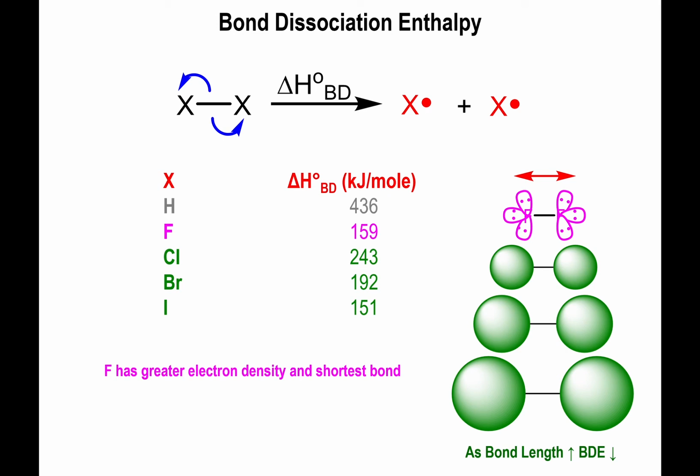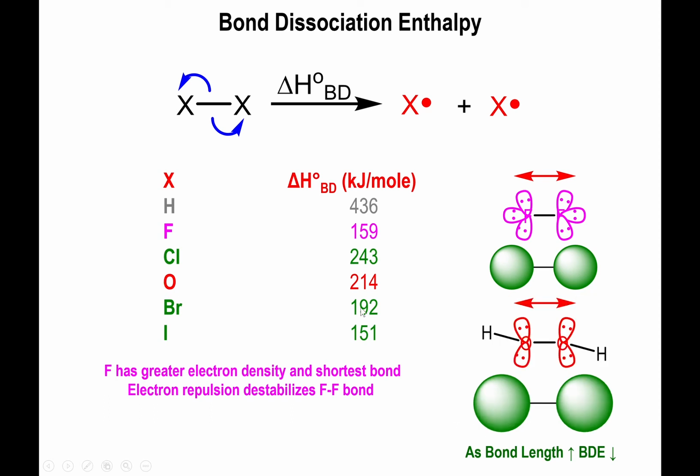Now, since we've talked about having shorter bonds and the electron pairs repelling each other on adjacent atoms, it is worth to also bring up oxygen molecules. And this is not dioxygen, but rather peroxide. If you look at hydrogen peroxide, you have a similar situation. Hydrogen peroxide has a relatively short bond, relatively similar to that of the fluorine-fluorine bond length.